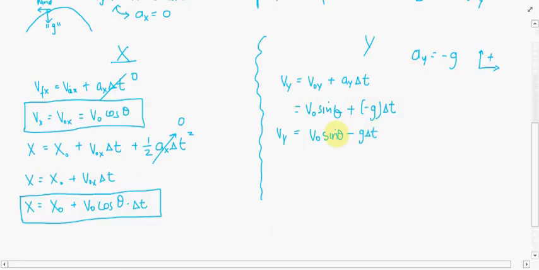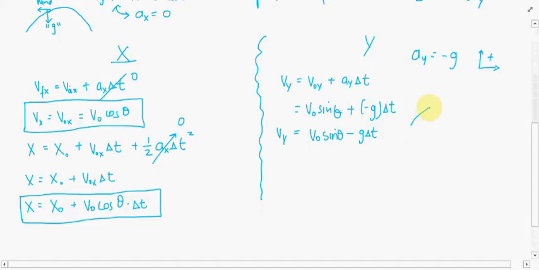Okay. What's really interesting about this is that we have some kind of initial vertical velocity, and for every single unit of time that passes, this initial velocity will decrease by some magnitude of the gravitational force acting on it during that time.